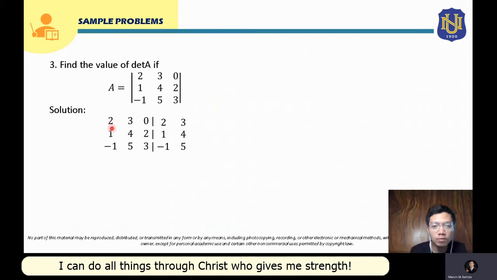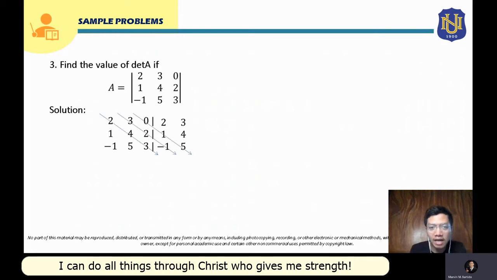So our first column is 2 1 -1, and we rewrite it here 2 1 -1, and our second column is 3 4 5, so we rewrite it here 3 4 and 5. After that, we multiply the elements in the downward to the right direction and get their sum.